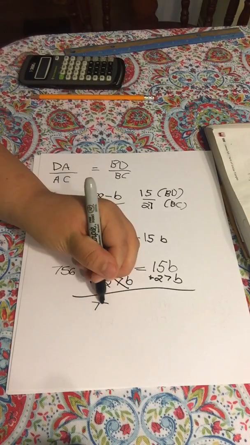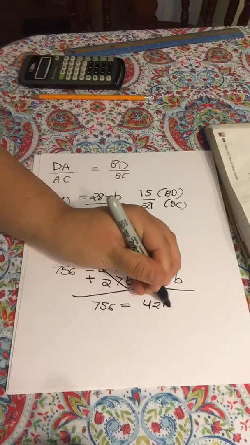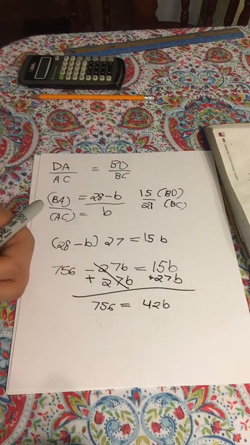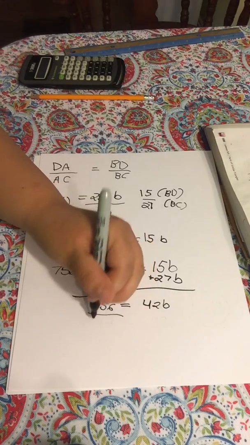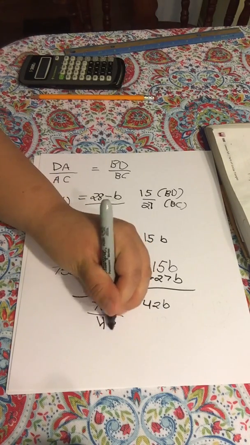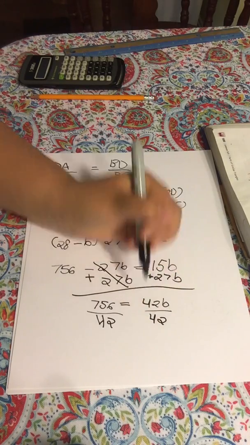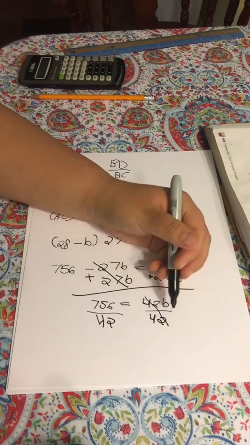So 756 equals 42b. But our plan is to find the variable b. So in that case, we'll have to divide by 42 on both sides, so 42 cancels out.